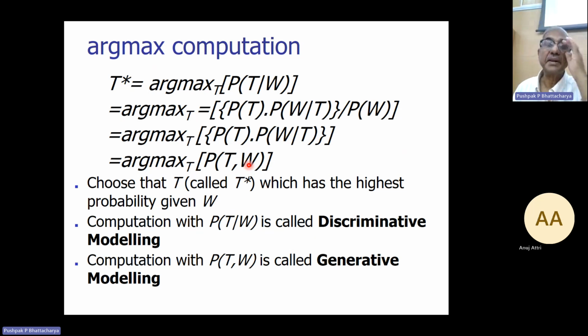Typically, generative model is more time consuming and data hungry because it is a joint probability situation. But it can work without lots of other properties of T and W, the features, okay, which we will see at some point of time. What do we mean by features?